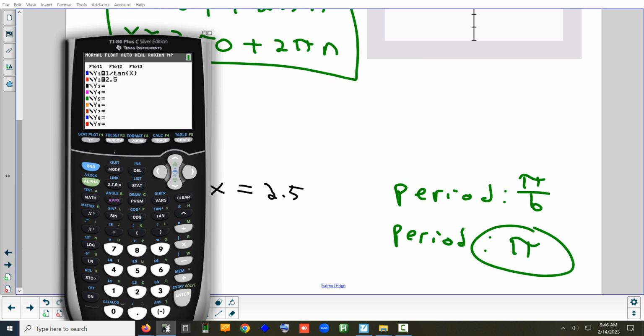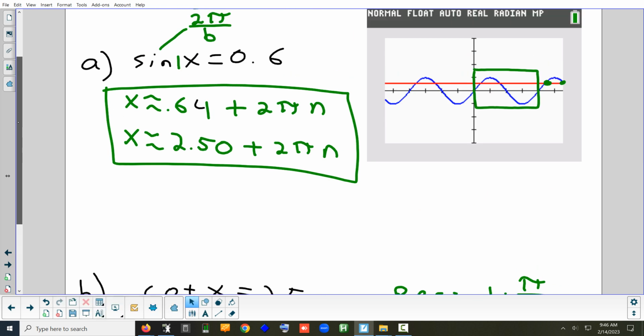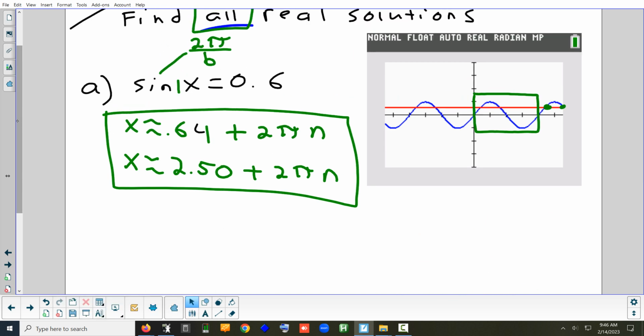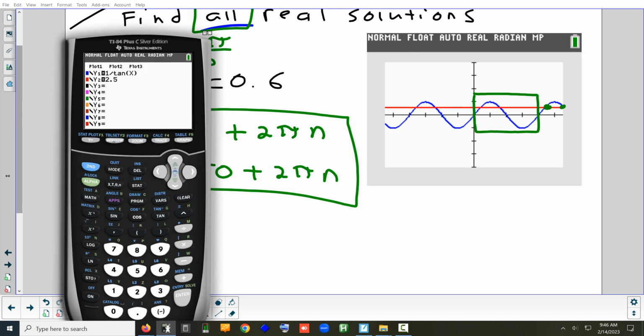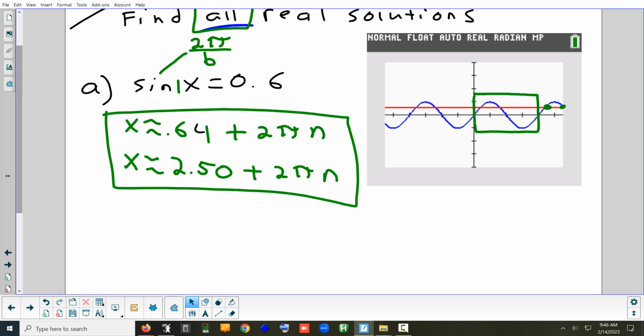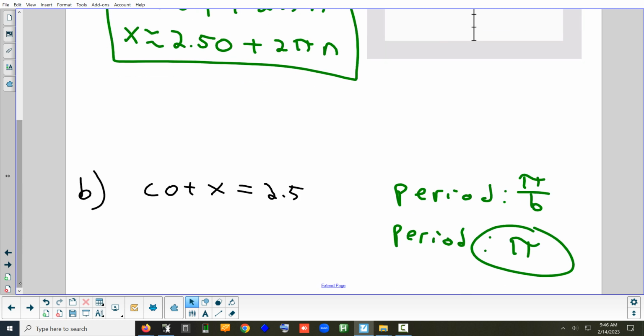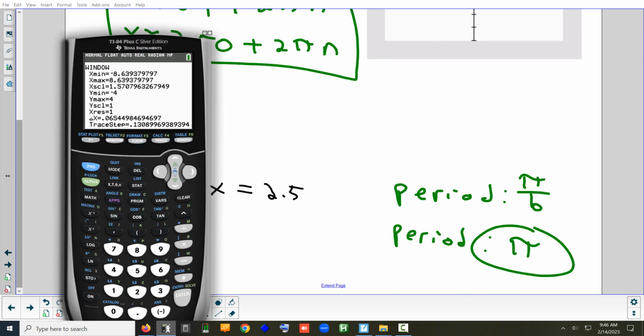And if we want to make life a little simpler, we could set the window so that it is only one period wide. Then we're not looking at multiple places where we would have to find intersections, if it confuses you to look at all of those. What would be the simplest way to set this window so that it is exactly 1 period wide, and your period is pi?